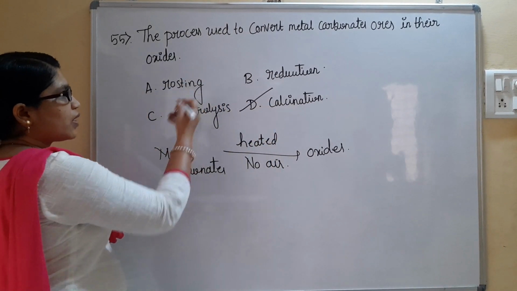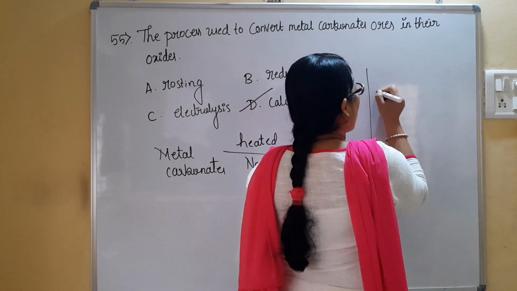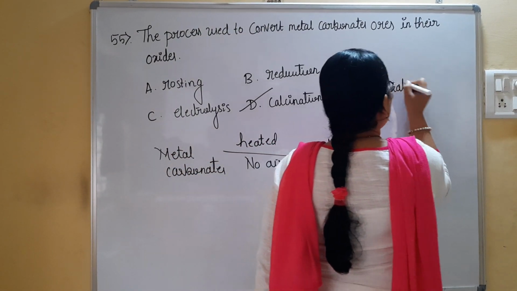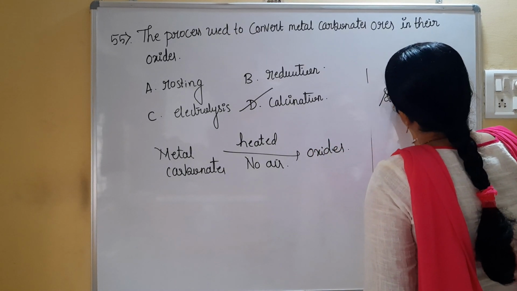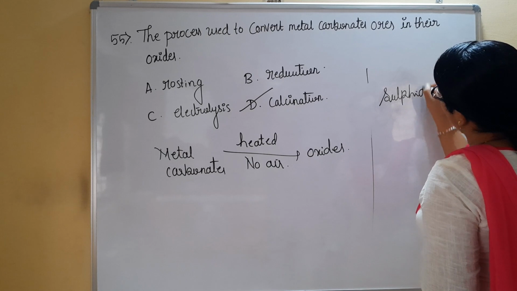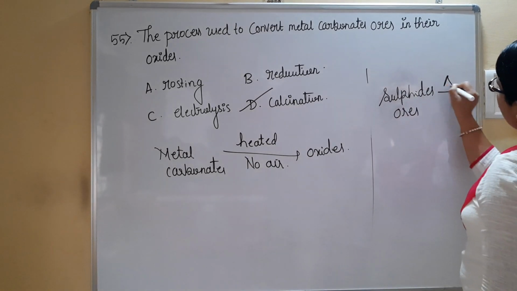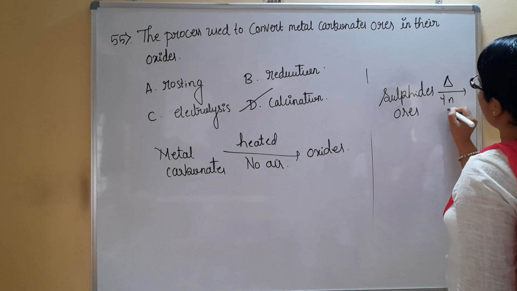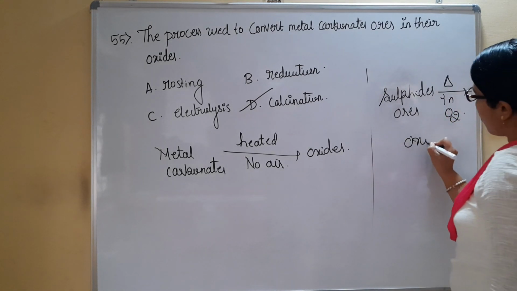Along with that, they have even given roasting here. I'll explain roasting also. Metal sulfides, especially sulfide ores, are heated in the presence of air, and they form the respective oxides.